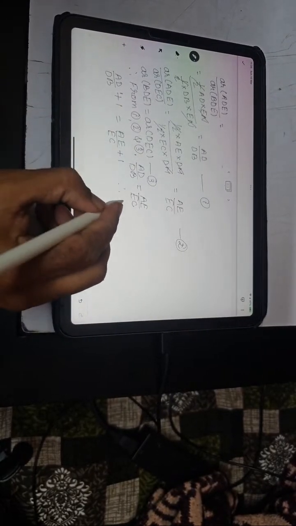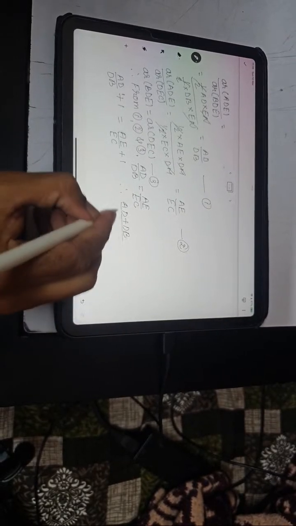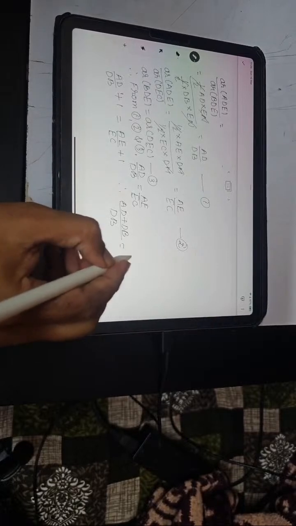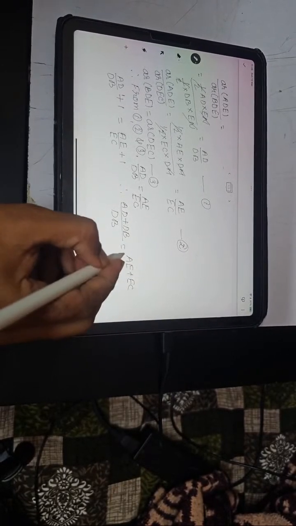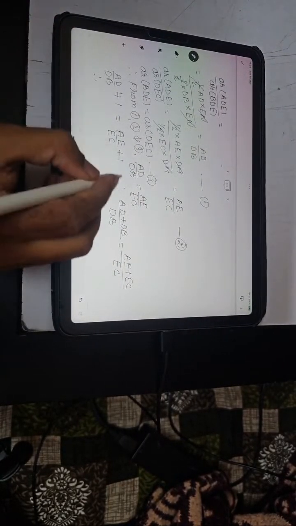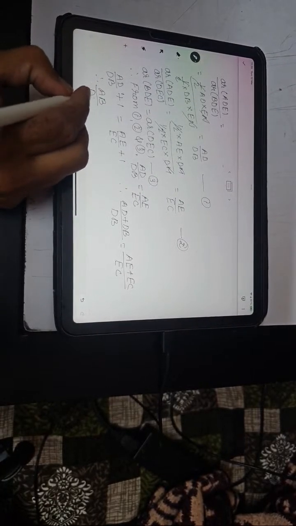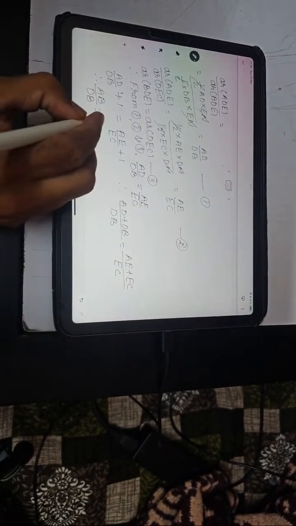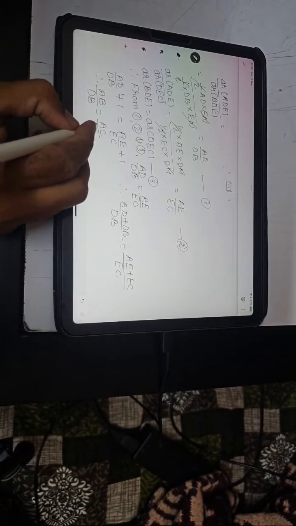Therefore, it becomes AD plus DB upon DB equals AE plus EC upon EC. So AD plus DB is AB upon DB, and AE plus EC is AC upon EC.